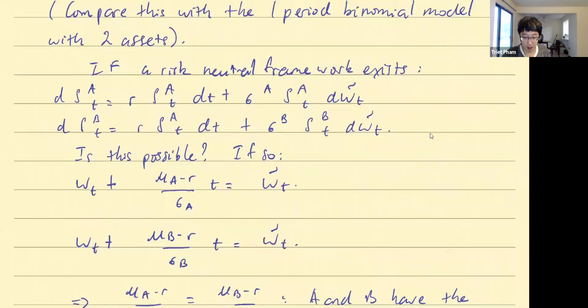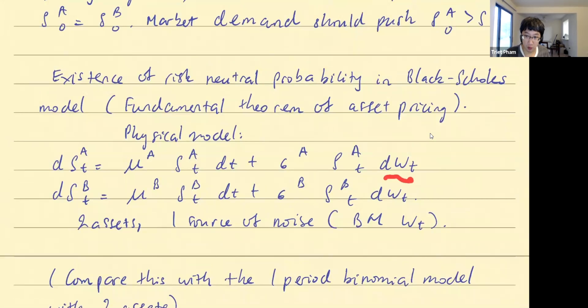So in that sense, with one source of noise, what it ultimately means is you cannot diversify your risk too much because there's only one Brownian motion here. Then these two stocks, these two companies, better be the same company from the risk point of view.